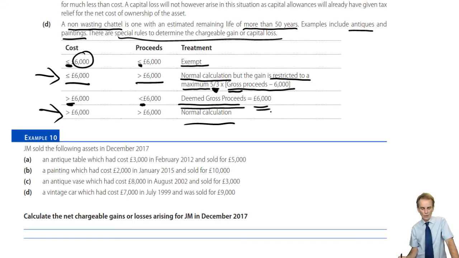We know what the actual cost was. It was something more than £6,000. And what we now do is to deem the gross proceeds to be 6,000, thus limiting the allowable loss.